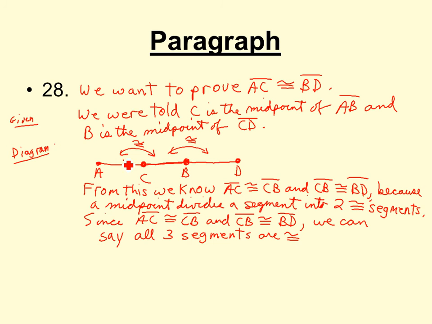So we know this segment's congruent to this one, and segment CB here is congruent to this one. Well, that means that all three of them have to be congruent. We can say all three segments are congruent.